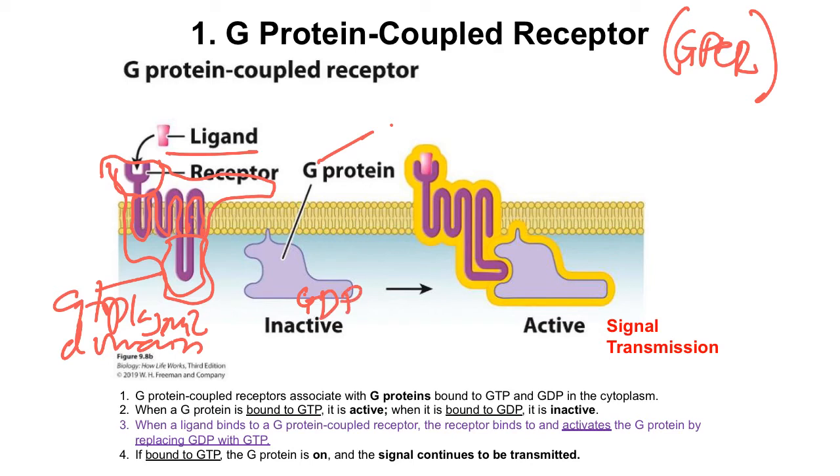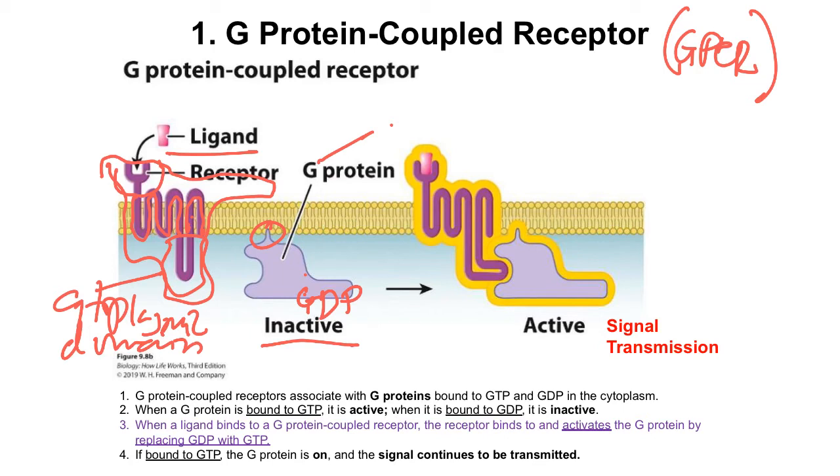And when it is bound by GDP, this G protein is inactive. You notice that this G protein is a membrane associated protein, but it is not a transmembrane protein. It's only bound by a small portion of its entire structure on the cytoplasmic side of the membrane.